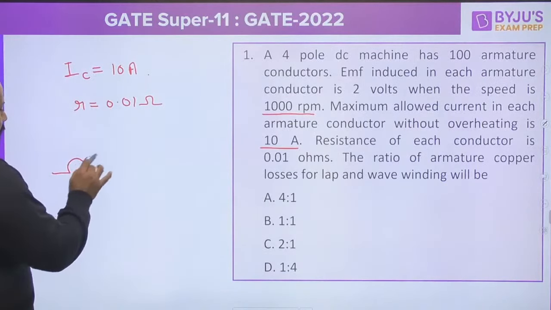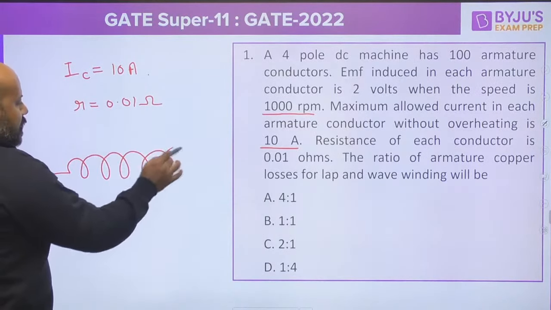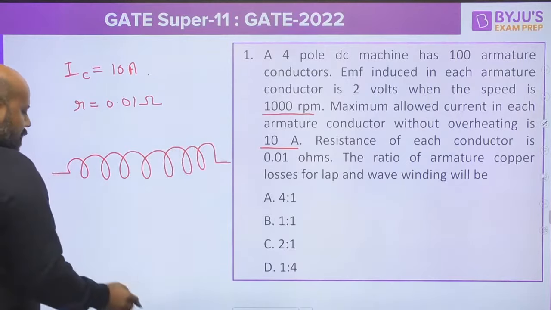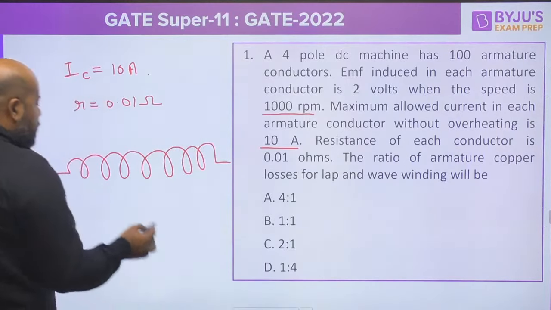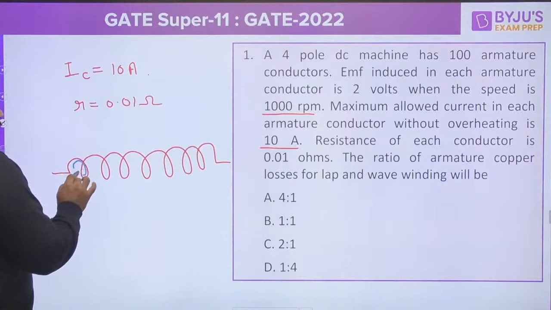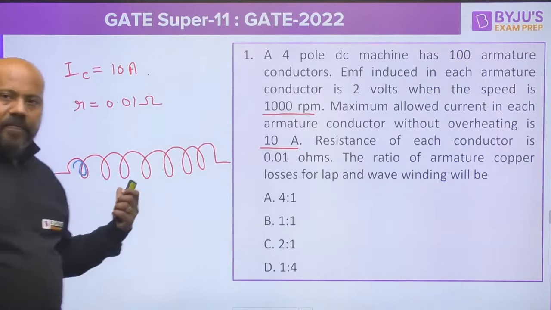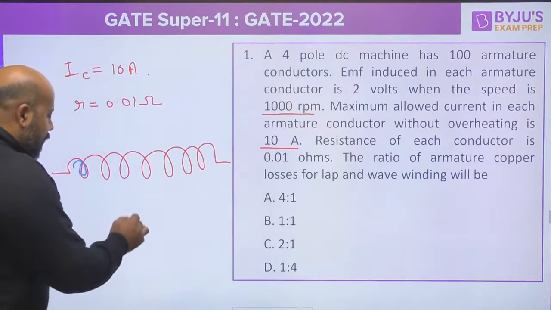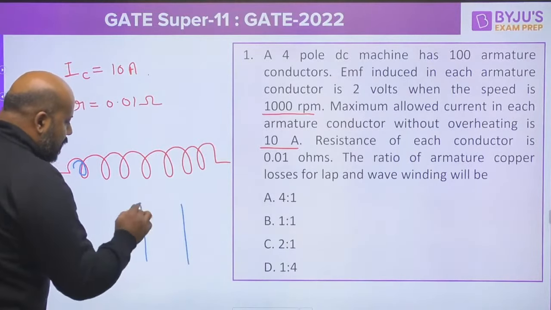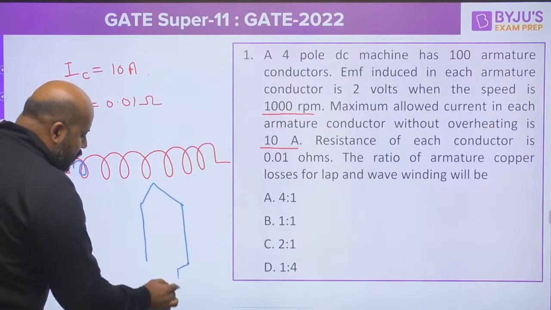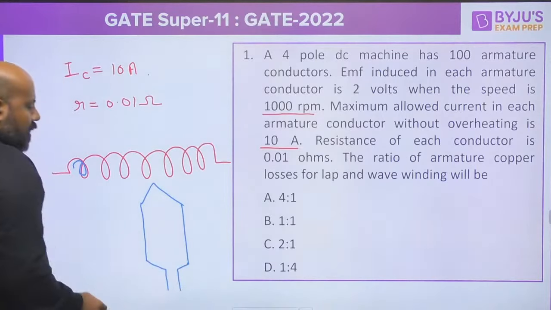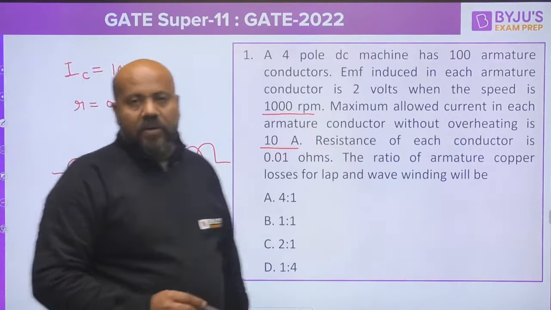Because if this is your winding for one parallel path, and he is saying the maximum allowed current in each turn. Now this is a turn. How do you make a turn? If you have 2 conductors, these 2 conductors are going to make a turn. Yes or no?